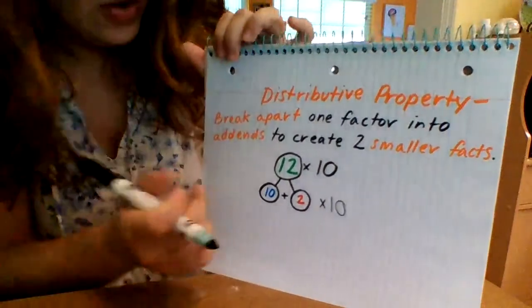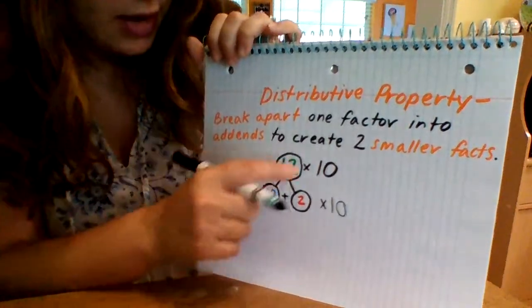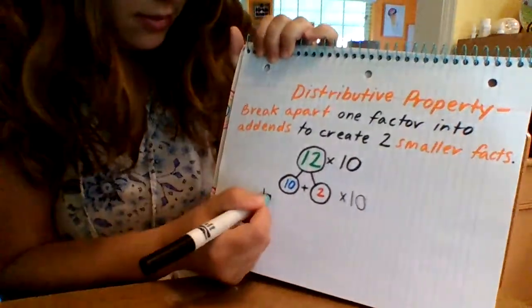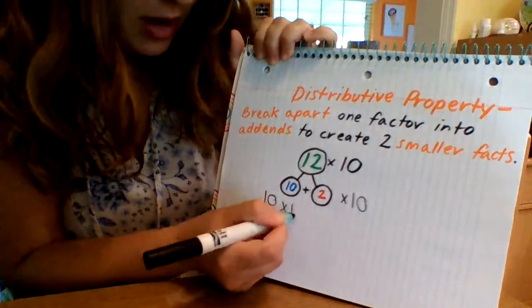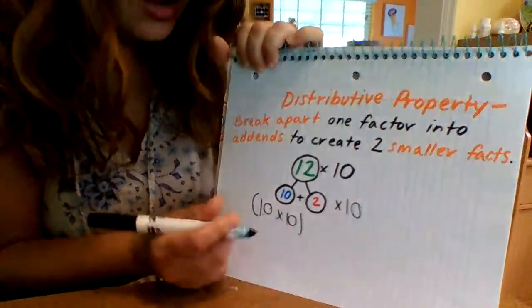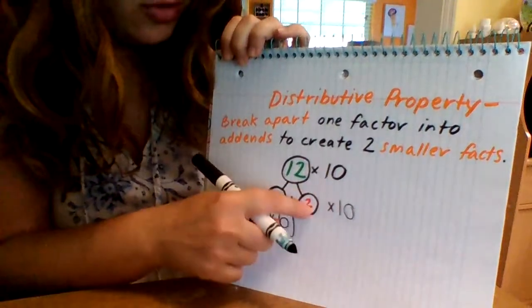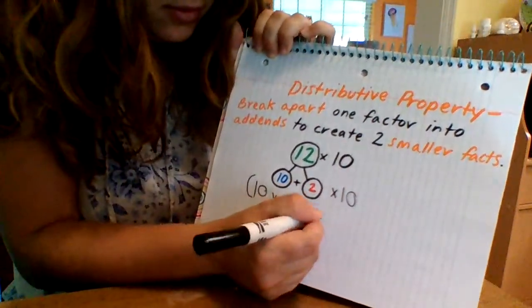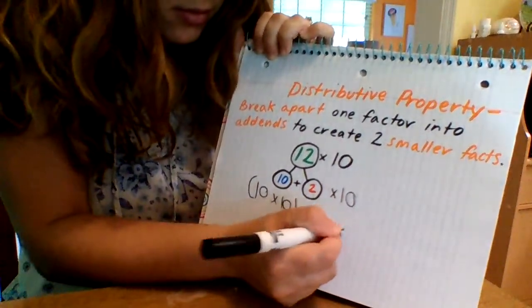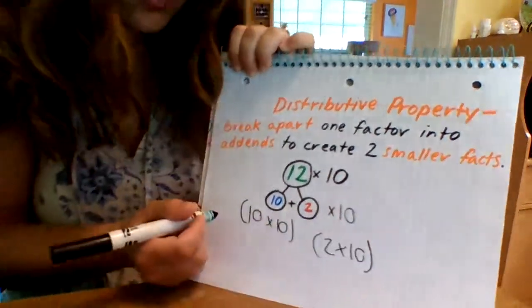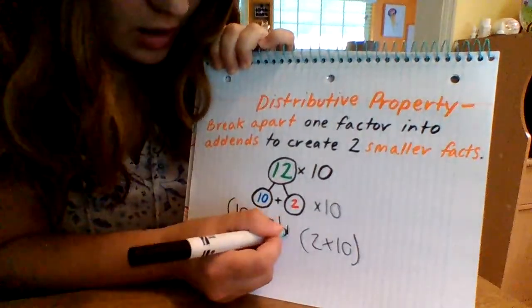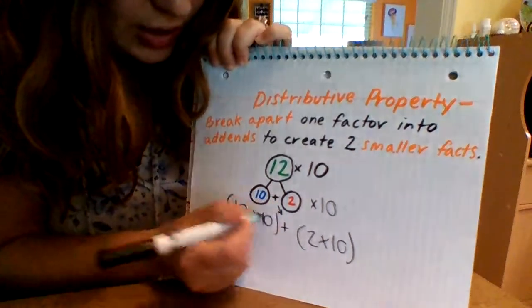So first we have mommy sees the baby, 10 times 10. And then we're going to have daddy see the baby, right? 2 times 10. Okay? And then we're going to add these. We're going to carry this addition sign down.